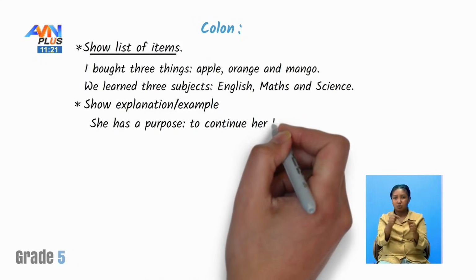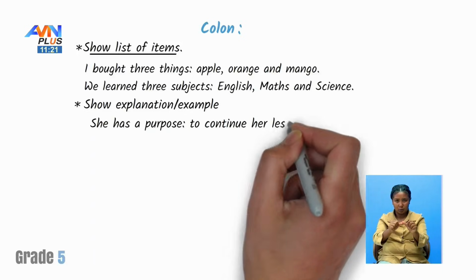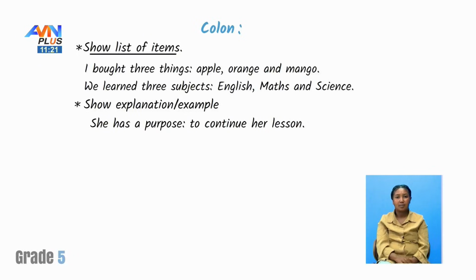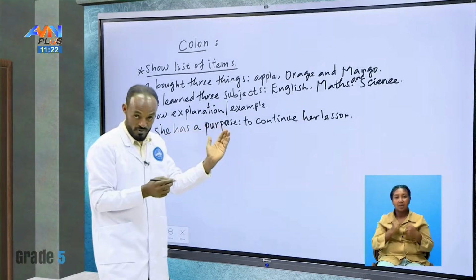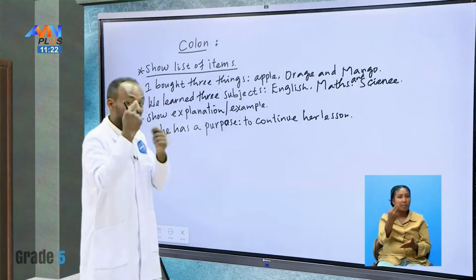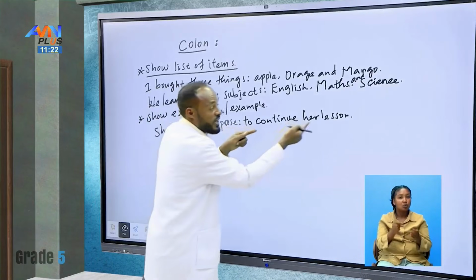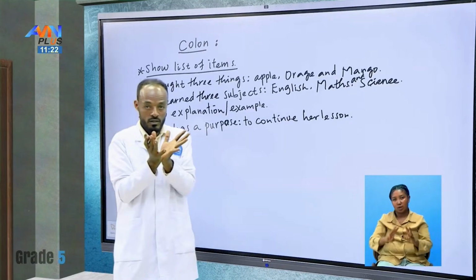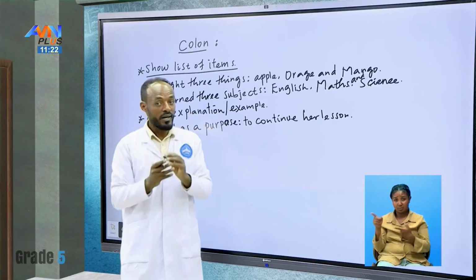To continue her lesson. Look, she has a purpose, one purpose. That purpose is to continue her lesson. We can use it in such ways, okay? I hope it's clear. Nice.